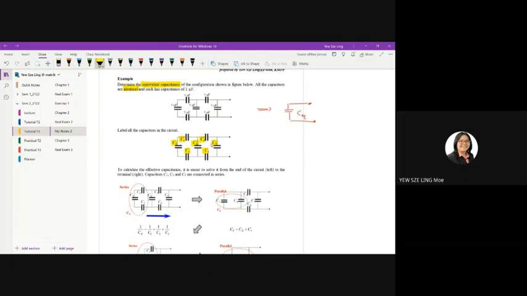So I always encourage my students to label it first, and use all these symbols in your equations before you do your substitution. This is a good habit, because you need to check your answer in exam. Without all this labeling, you wouldn't be able to tell where the mistake is.